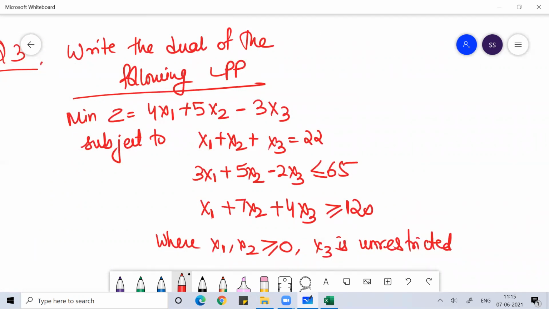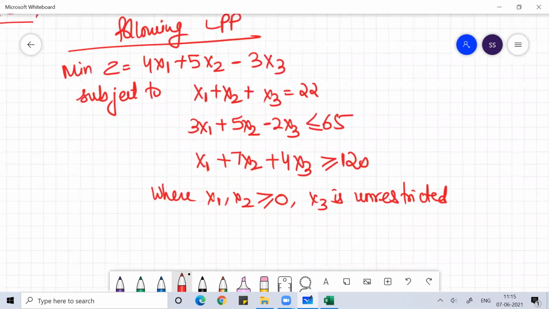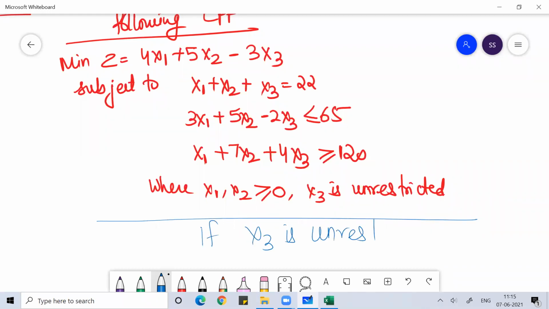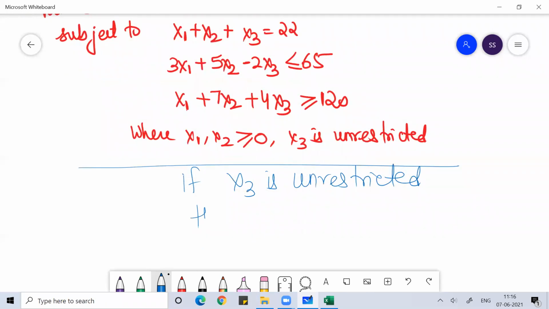So I hope you're understanding. So here in this problem, if x3 is unrestricted, then let x3 be equal to x3 dash minus x3 double dash. You can use any variable, okay?